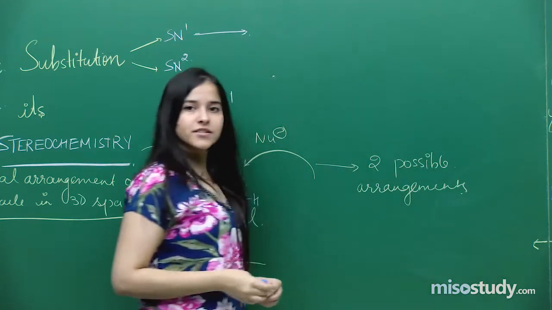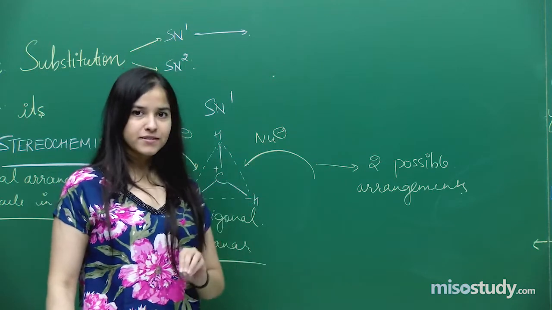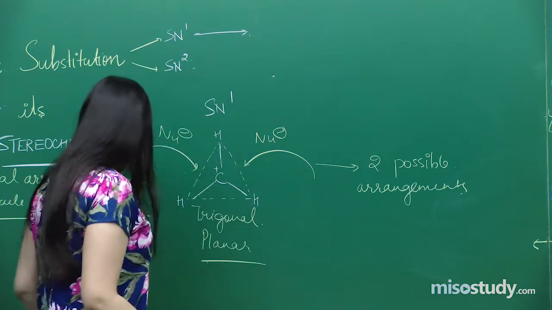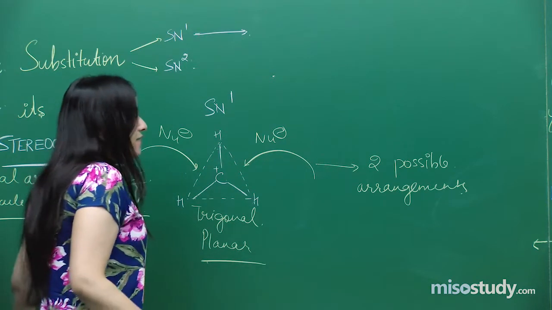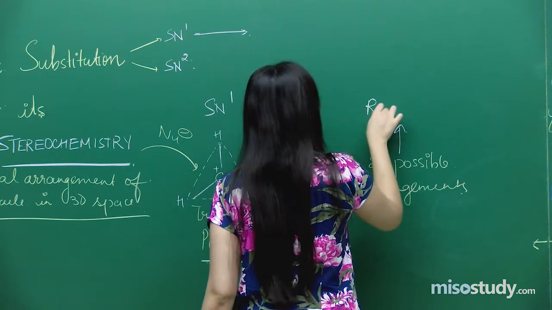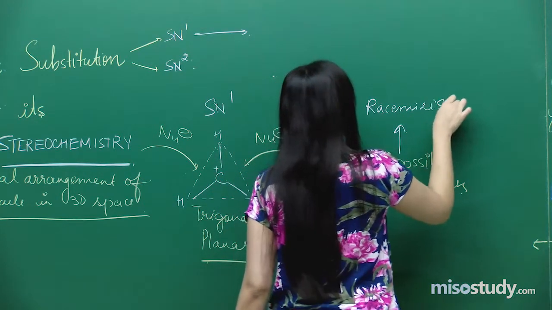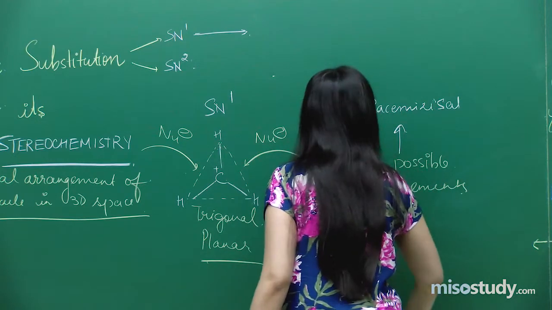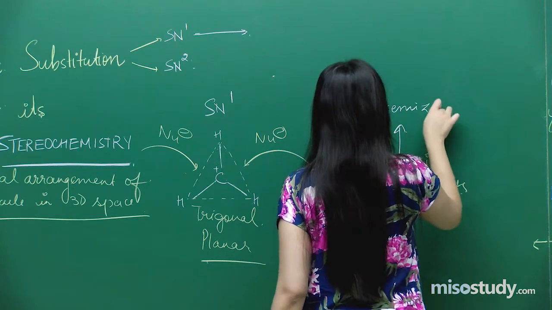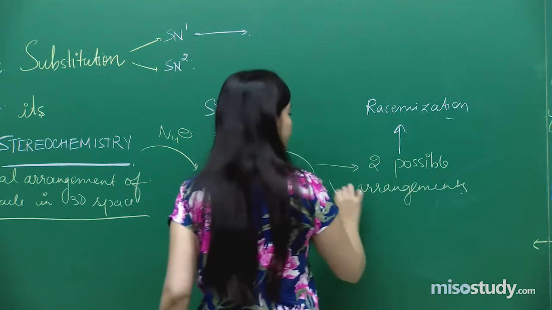These two possible arrangements are known as the process of racemization. So a new term has come up over here: racemization, or the mixture.